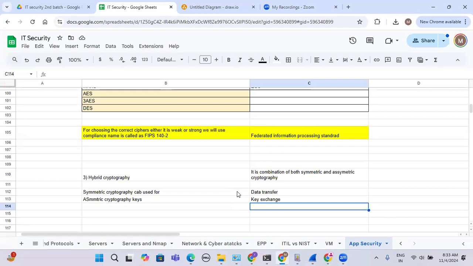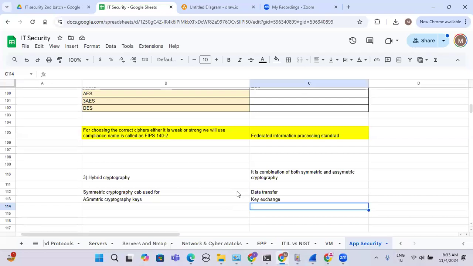Wherever you are entering the data, confidentiality of the end user is provided using encryption. For example, username, password, beneficiary name, the amount of money, and also OTP. All these cases we can use for the data transfer. Those data, whatever we are entering, that is the symmetric side.